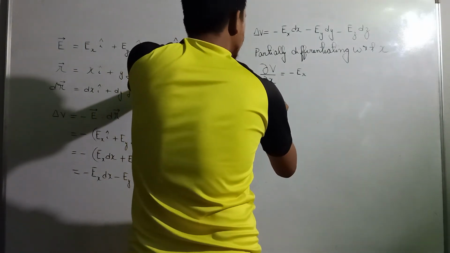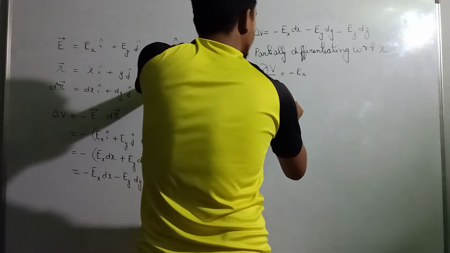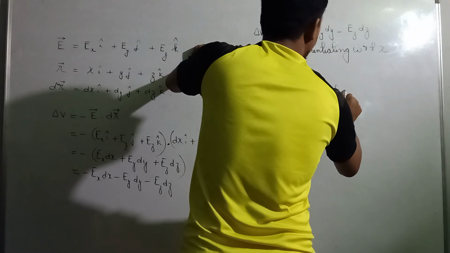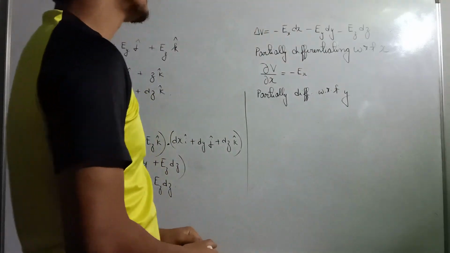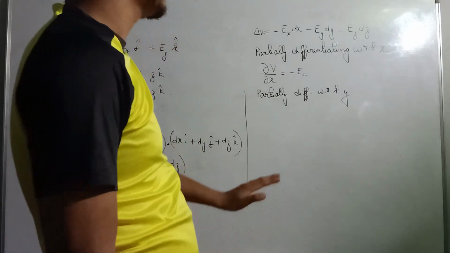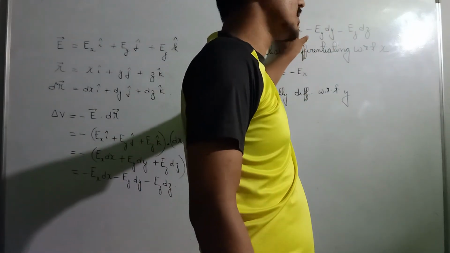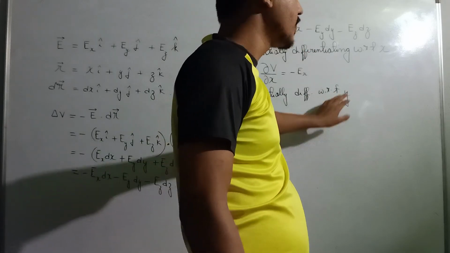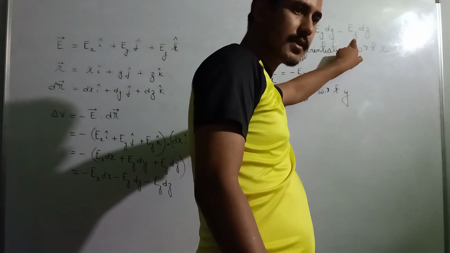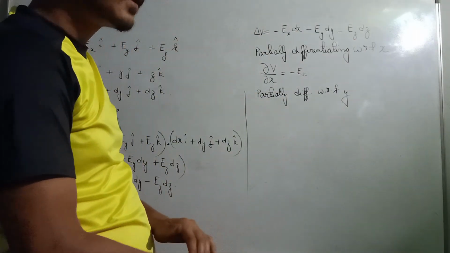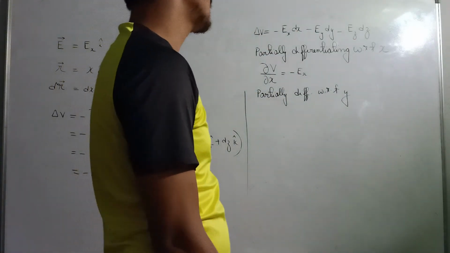If I partially differentiate with respect to y, it means I have to consider x and z to be constant. So differentiating x with respect to y will be 0. I'm thinking that z is constant, so differentiation of z with respect to y will be 0, because differentiation of any constant function is 0.